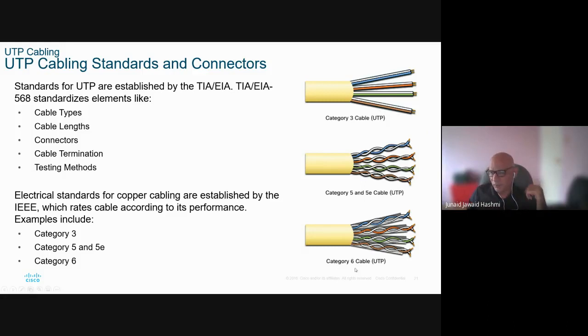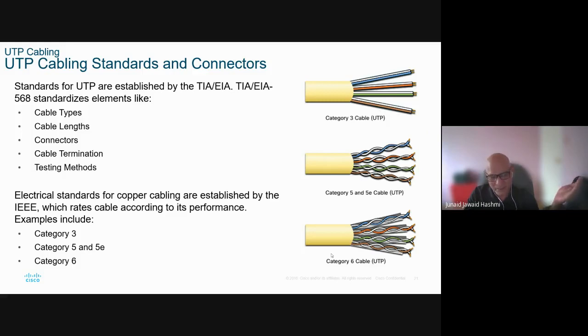So these are the most popular, and you have to be careful when you're choosing the cable, because for example, if your company grows and you have more users, you can buy a faster switch and just replace the older switch with it. But what about the cable? If you have old cables that can only carry 1 gigabit per second, even if you buy a 10 gigabit per second switch, it will be useless.